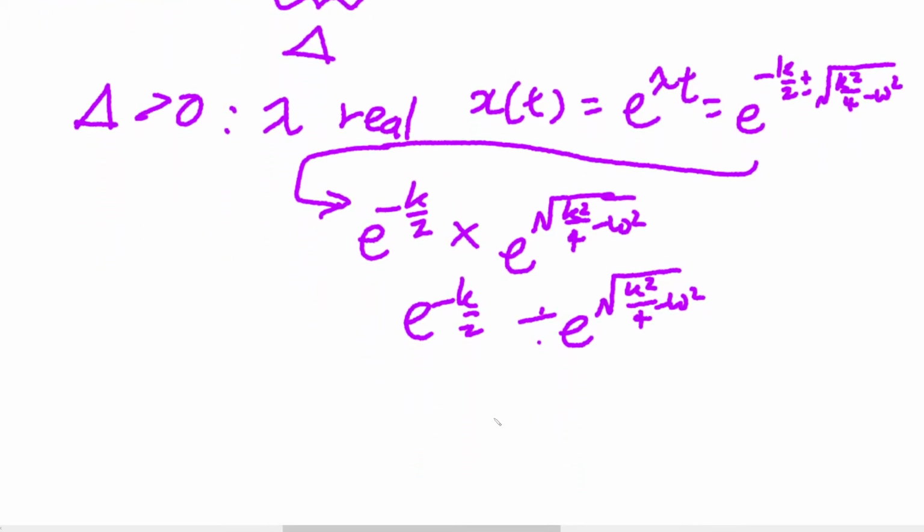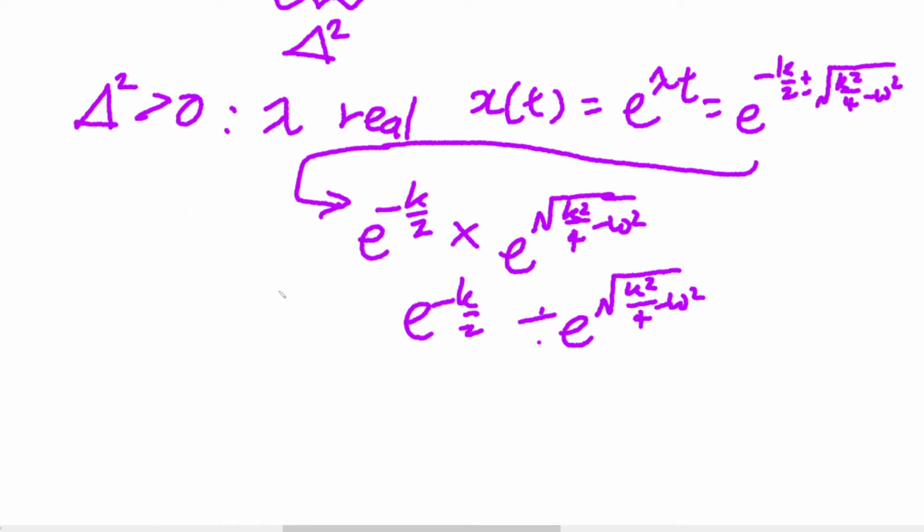Now, how do we deal with that? So, say instead of calling this delta, we call this delta squared, the discriminant squared, so that it's more convenient for us to deal with the system of equations.